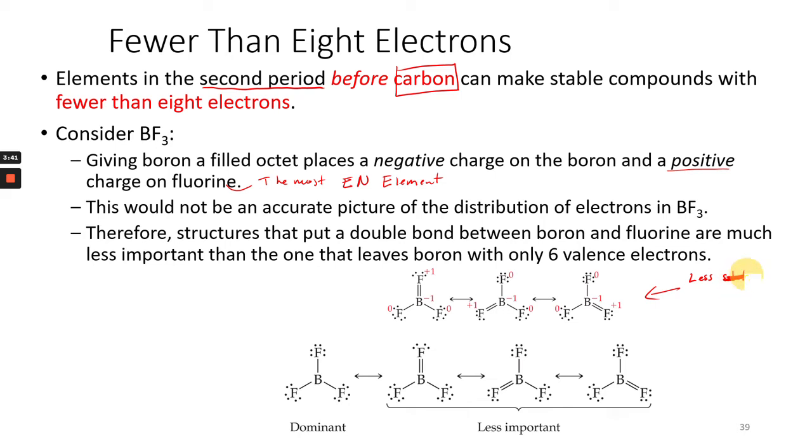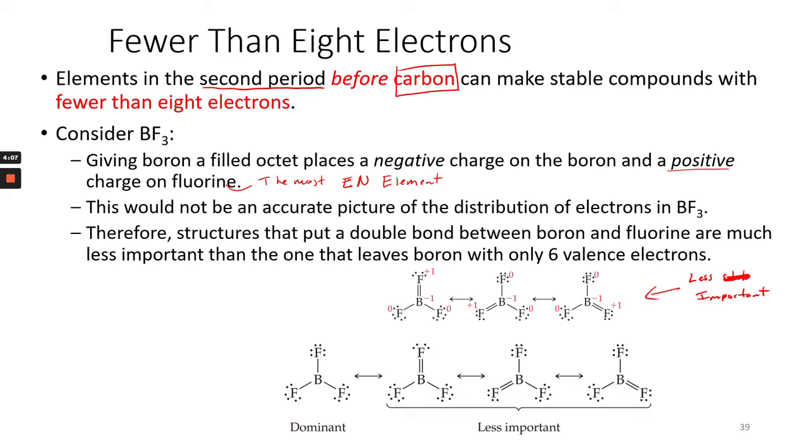Maybe not stable is the right word. Less important. So this would not be an accurate picture of the distribution of electrons in BF3. So these are really wrong. So therefore, the structures that put a double bond between boron and fluorine are much less important than the one that just leaves boron with 6.